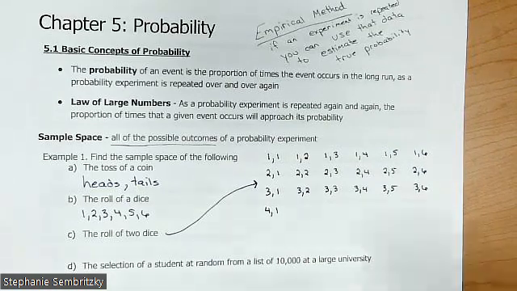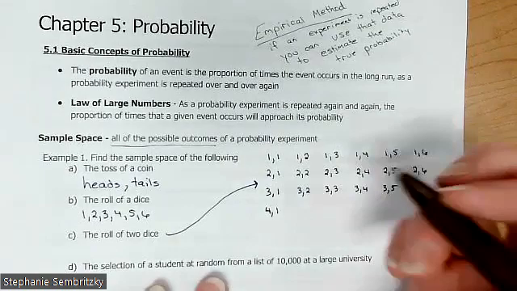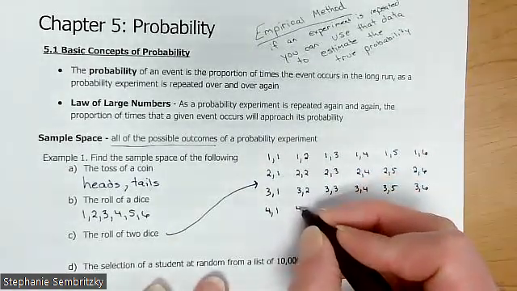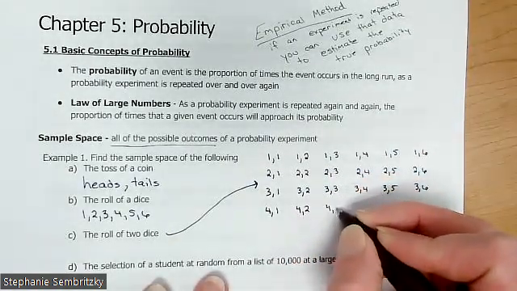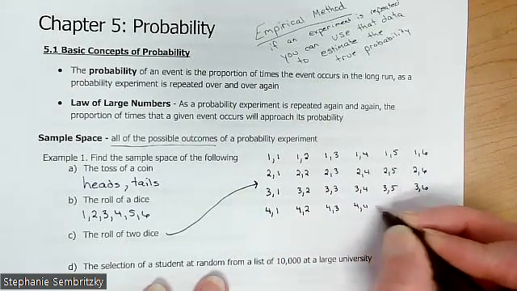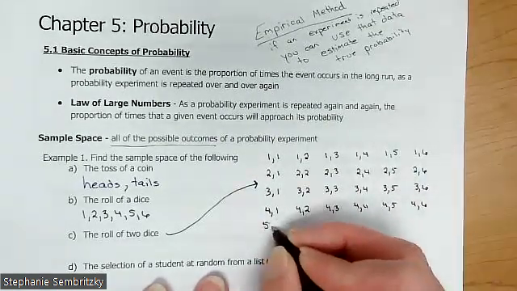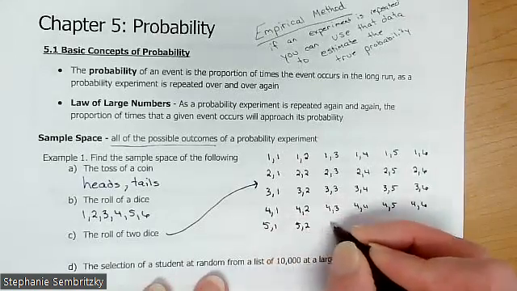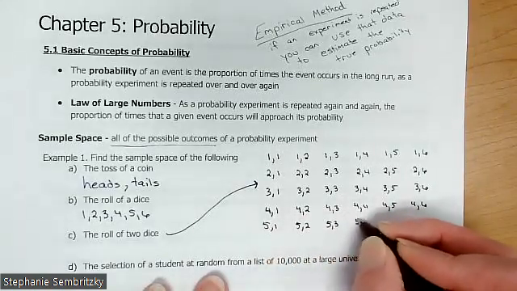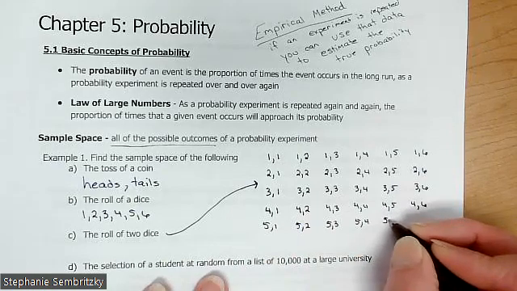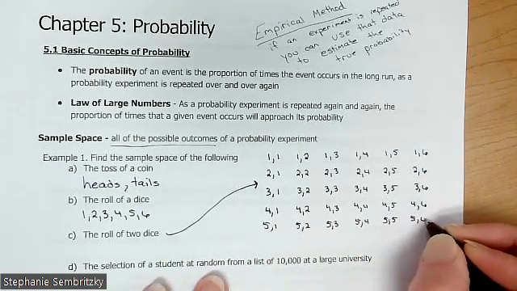If you didn't list them all out, you wouldn't know what they would add to be. So it really does help. 4 and 3, 4 and 4. 5 and 2, 5 and 3, 5 and 5, 5 and 6.